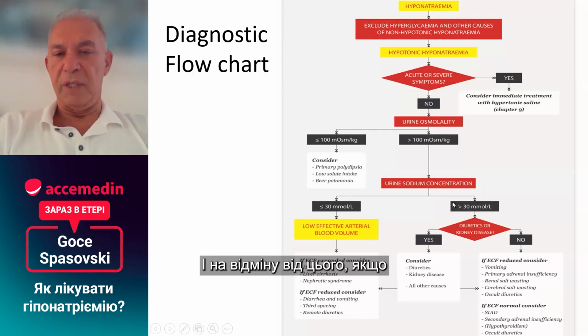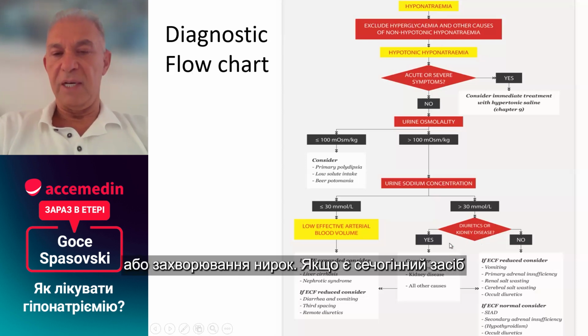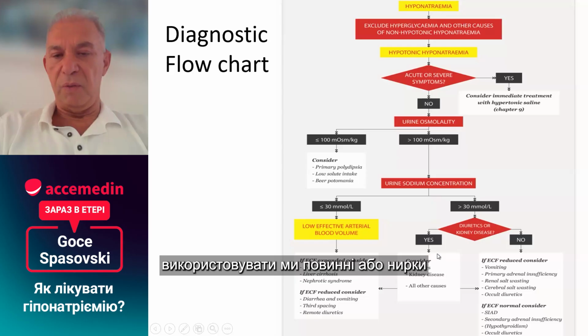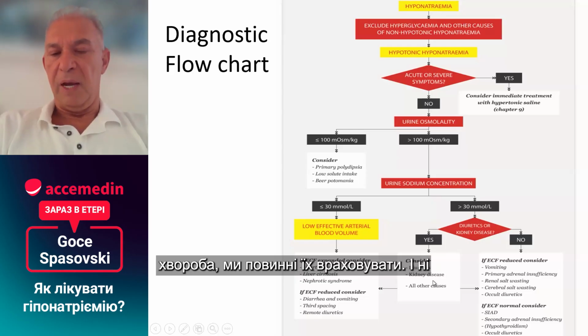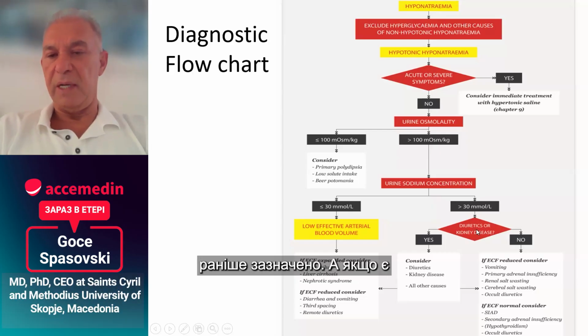And in contrast, if the urine sodium concentration is above 30 millimoles per liter, then we should consider diuretic use or kidney disease, and all other causes like previously stated.